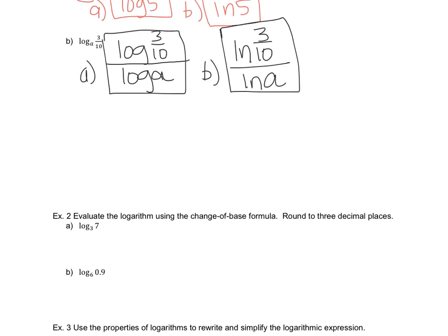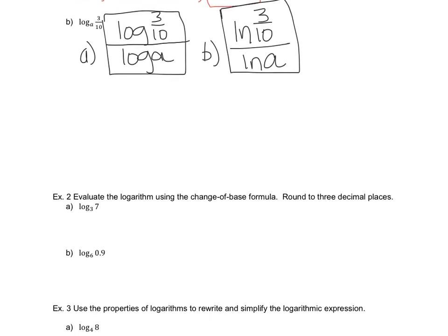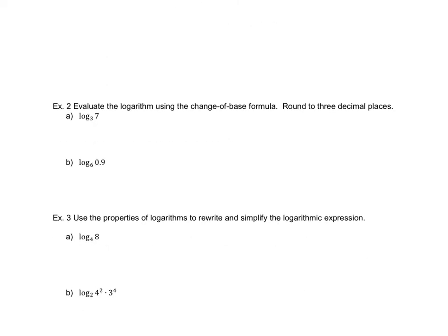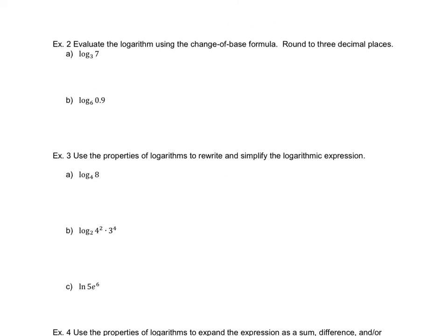Now we're going to evaluate the logarithm using the change of base formula. So here's where our calculator comes into play. You'll need to get your calculator out, and we're going to go ahead and calculate this. So I'm going to say log of big B, which is 7, divided by log of little b, which is 3, and plug that into your calculator.